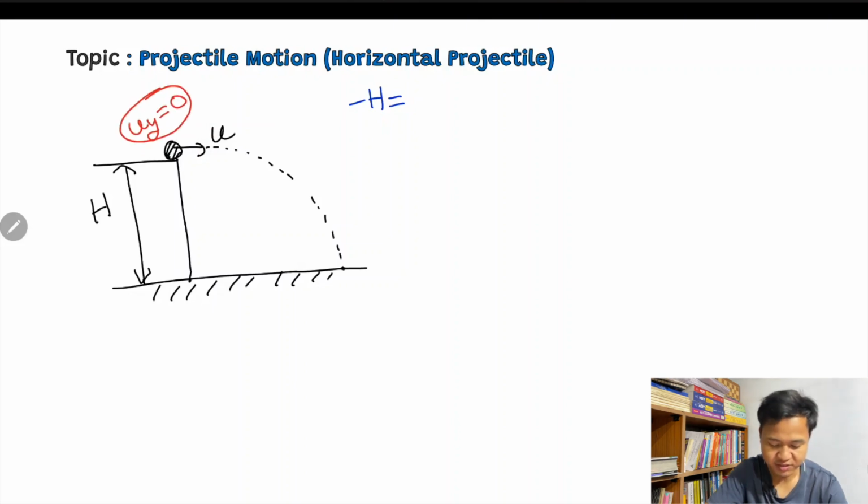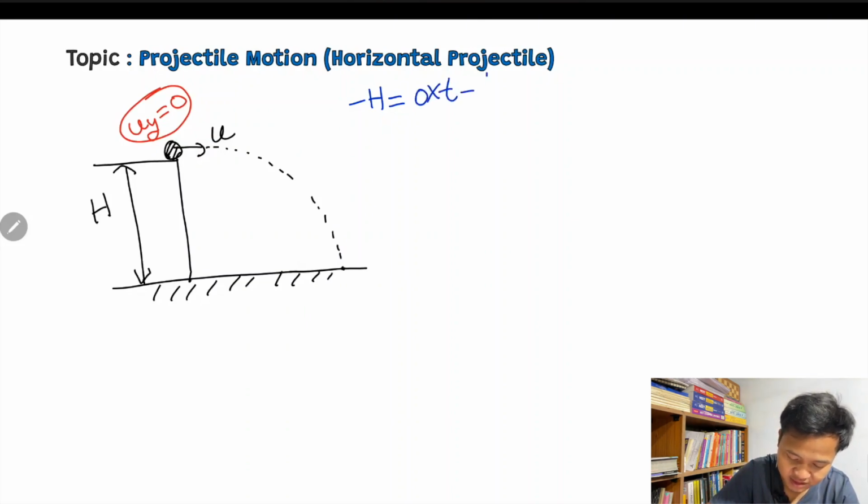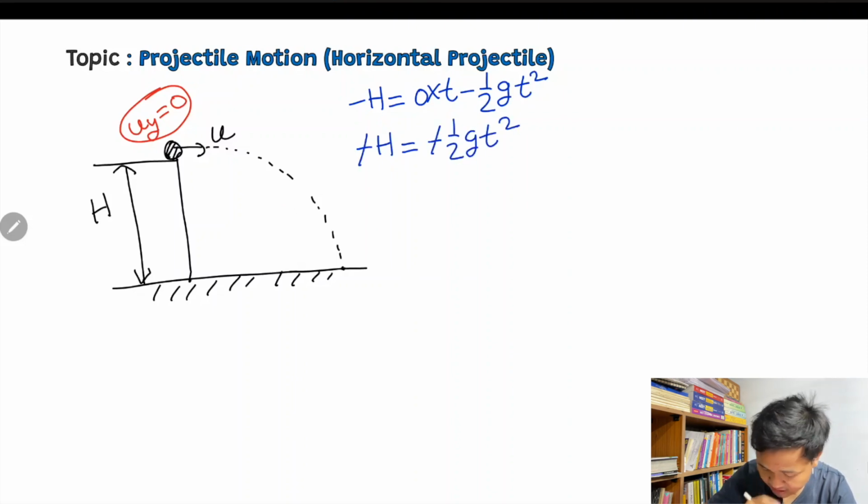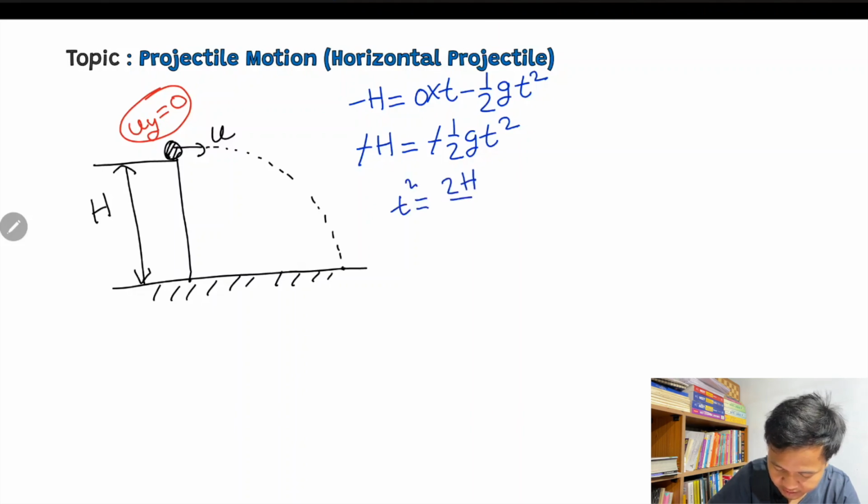So minus h equals minus half g t square, the minus signs cancel out, and t square equals 2h by g, or time equals root over 2h by g.